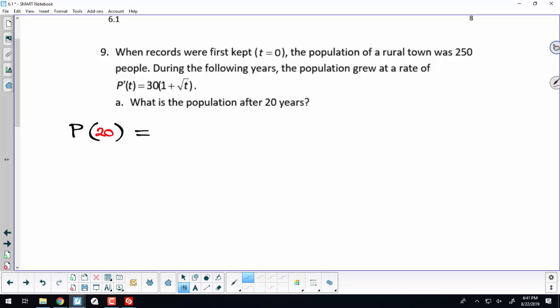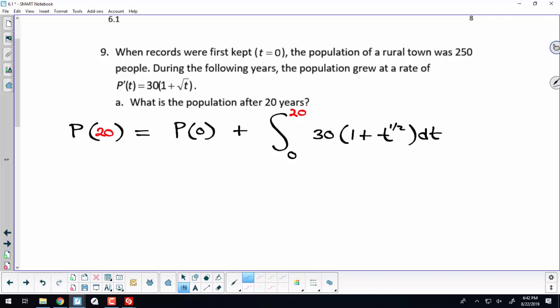But we know that that's equivalent to the initial population, P of 0, plus the integral from 0 to 20 on the rate of change function, P prime of t. And so we can find the population after 20 years that way as well.